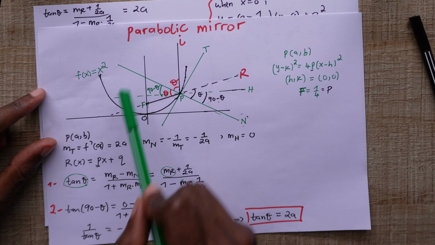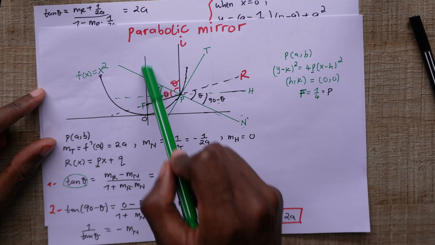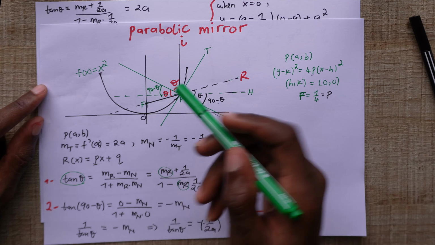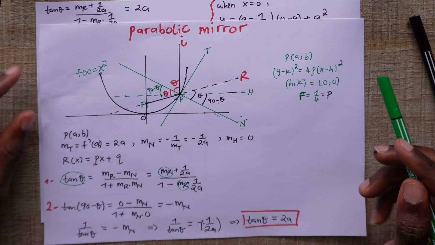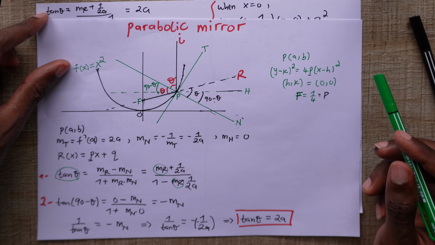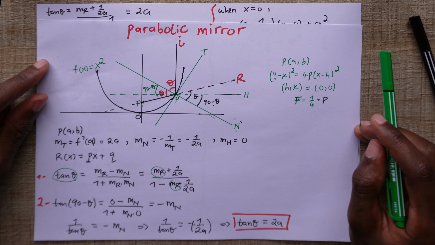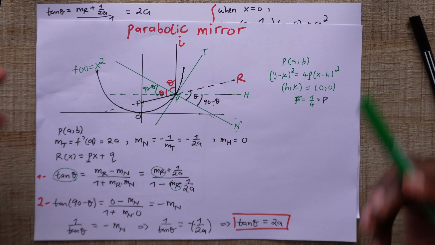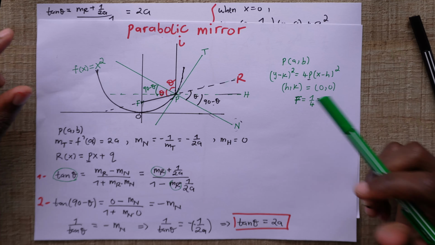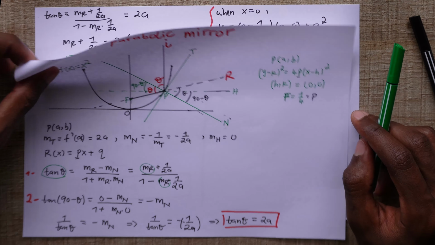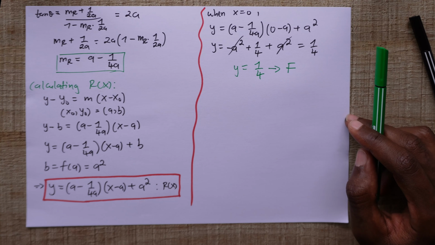All the rays, so far they are parallel to this y-axis, they will all converge to the focal point. And only a parabolic surface can enable us to achieve that. And that's a very important property of parabolic mirrors, which are made use of in astronomy, in telescope designs, and many more. So I hope you find this interesting.